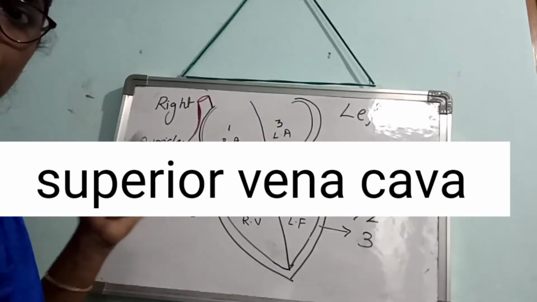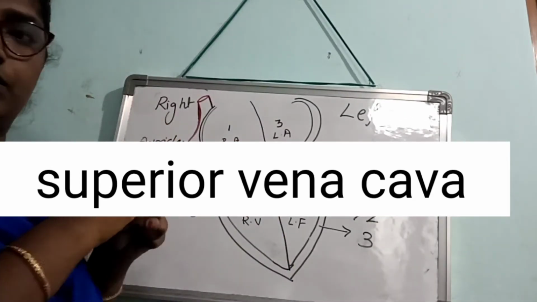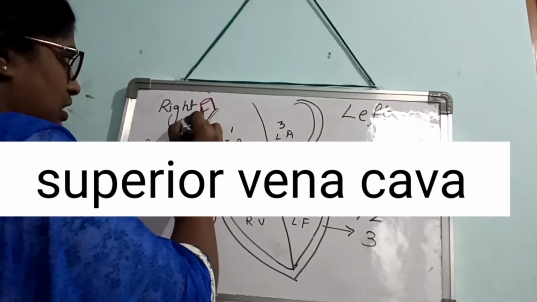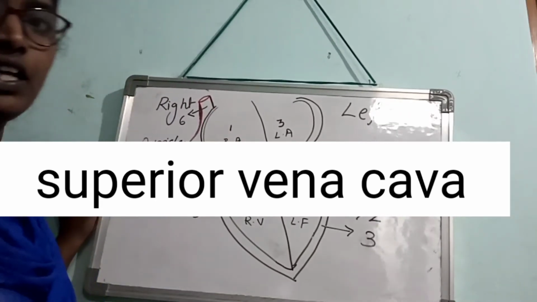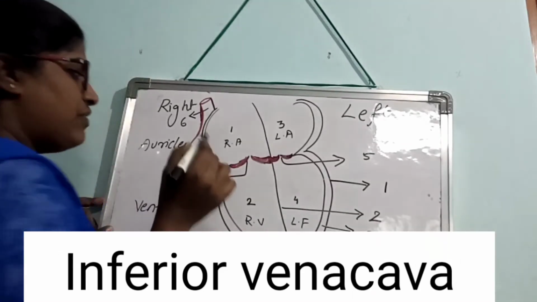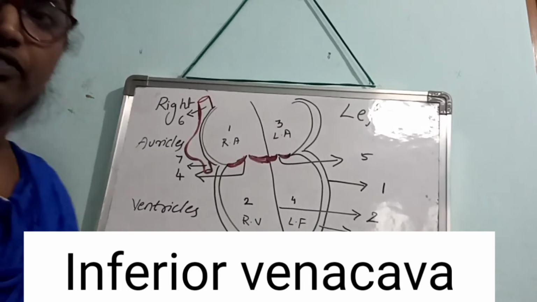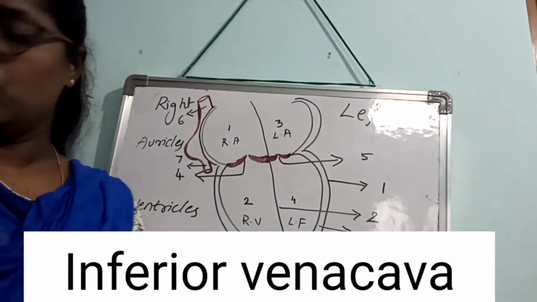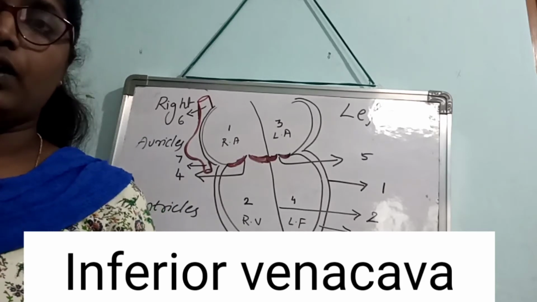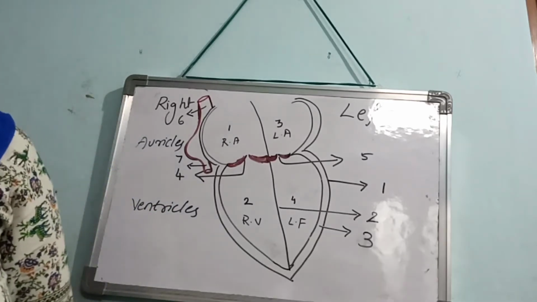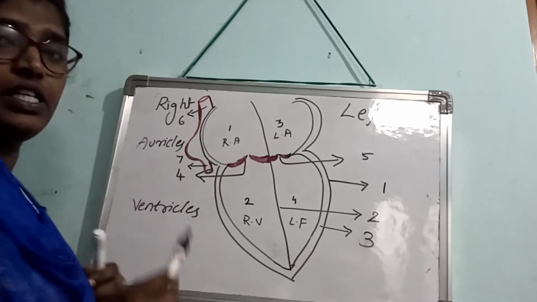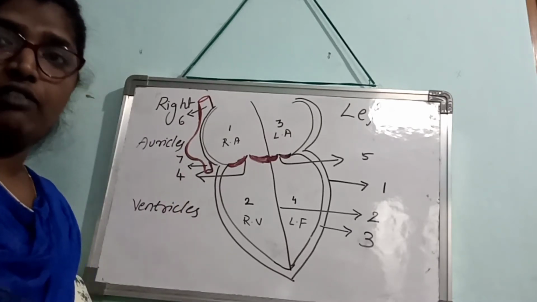Can you see this now? This is number 6, inferior vena cava. This is number 7, superior vena cava. The top one is the superior vena cava. The bottom one is the inferior vena cava.